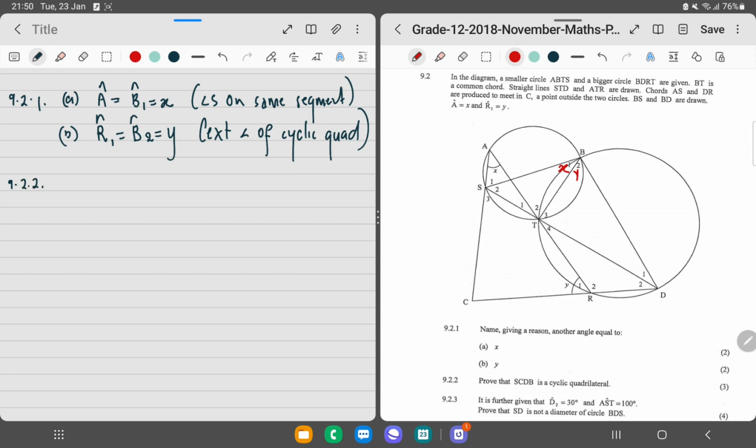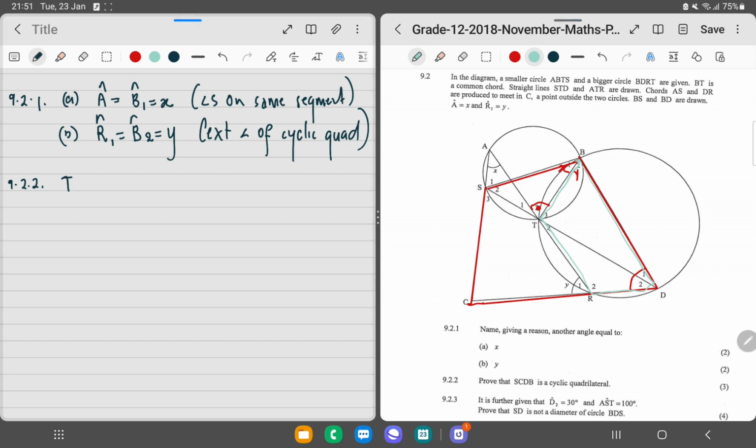9.2.2. Prove that CDB is a cyclic quadrilateral. So I need to prove that this angle is equal to the whole of that. Well, first of all, T2 is equal to this whole angle because it is the exterior angle of the cyclic quad.